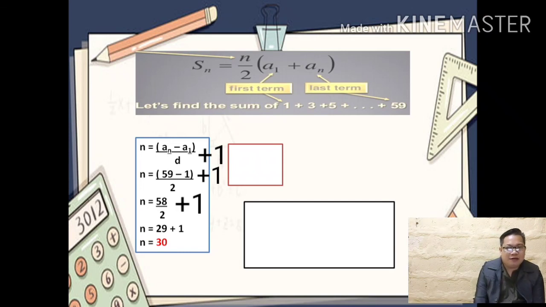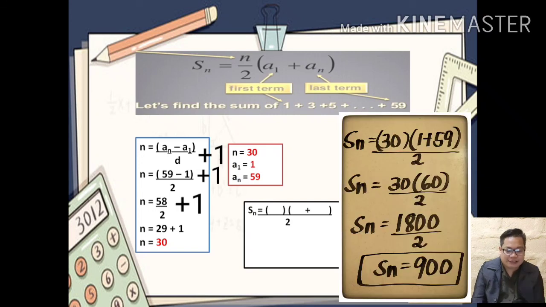So lahat ng terms from 1 to 59 na odd numbers ay 30 lahat. A sub 1 ay 1, ang a sub n ay 59. Pwede na natin ulit i-substitute dun sa ating formula ng series. So we have S sub n equals 30 multiplied by the first term, which is 1, plus the last term, which is 59, divided by 2.